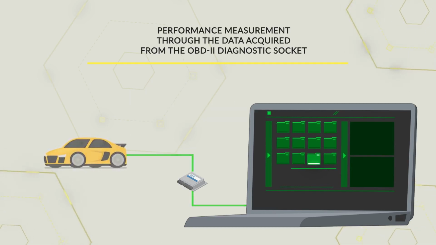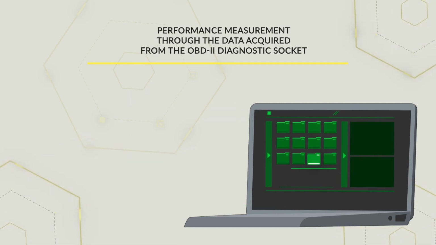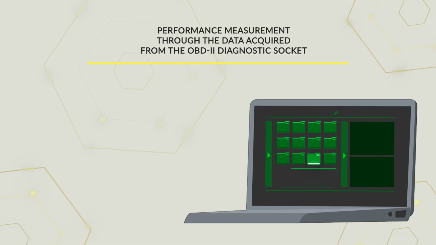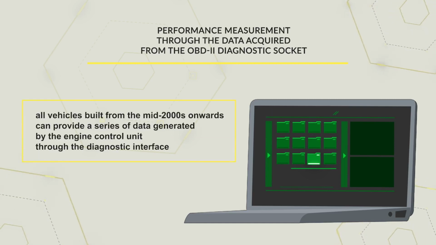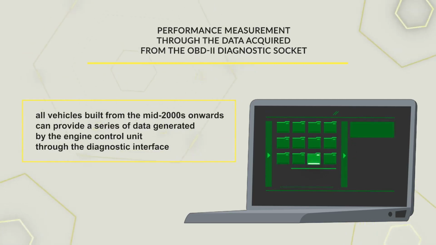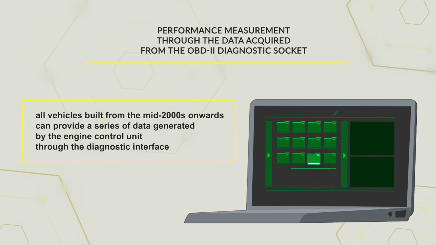Without going into specific cases related to individual car manufacturers, we can say with absolute certainty that all vehicles built from the mid-2000s onwards can provide a series of data generated by the engine control unit through the diagnostic interface.